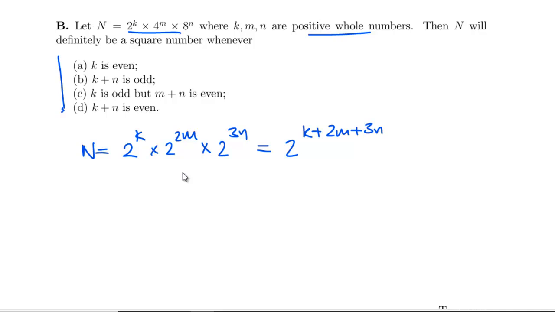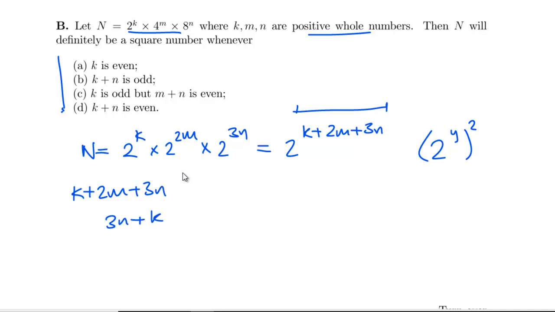But that's definitely going to be a square when this power is a multiple of 2, because you could write that as, say, 2 to the y, squared. So we want k plus 2m plus 3n to be a multiple of 2. So we want 3n plus k to be a multiple of 2, because m's fine.